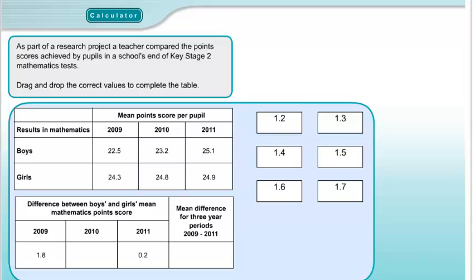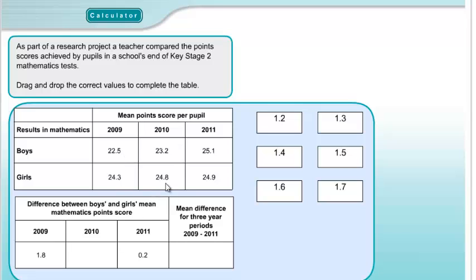Question 13 is another drag and drop question, so let's take a look at it. We just have to drag and drop the correct values from here into the table. So here we've got the difference between boys and girls mean maths point scores, and we've got it for 3 time periods or 3 years. So in 2009 they got 1.8, and that's just 24.3 take away 22.5.